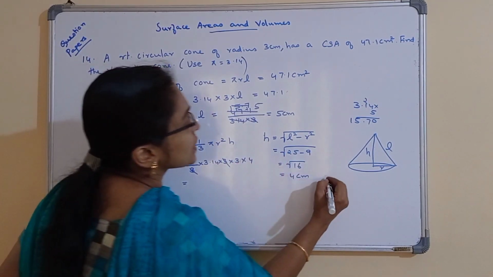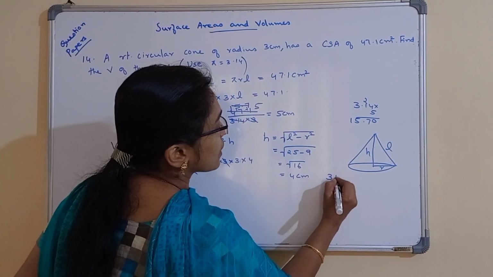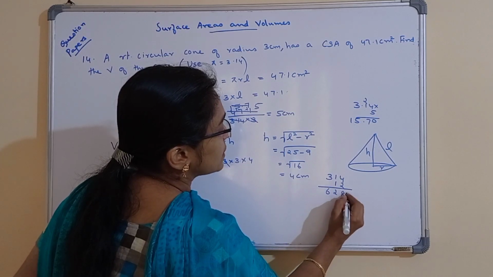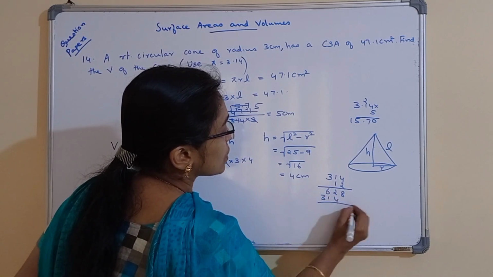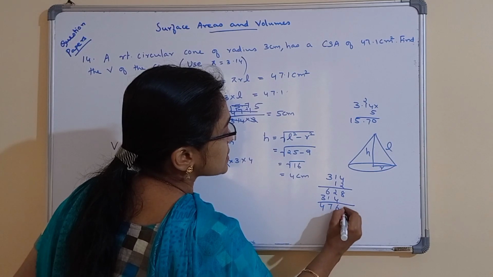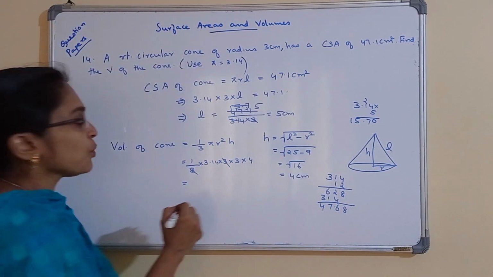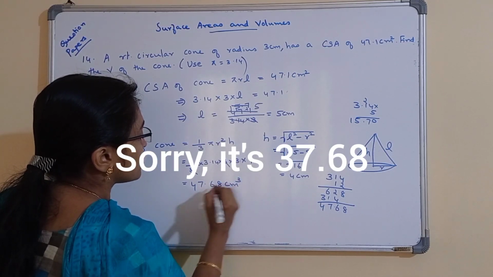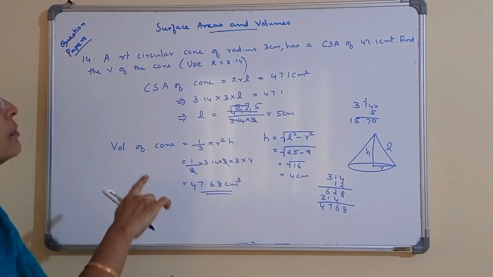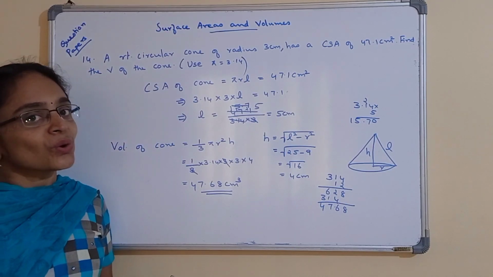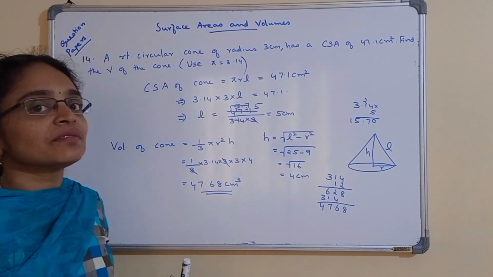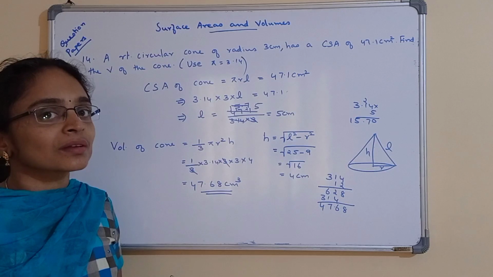So 12 into 3.14. 314 into 12. 628. 314. 3768. So 37.68 centimeter cube is the volume of this cone. Okay, understood? You can just pause the video and note this down.